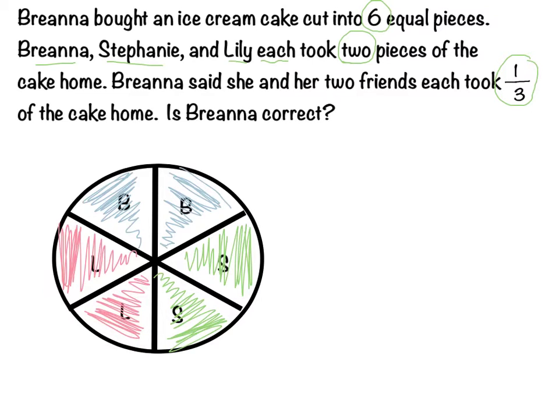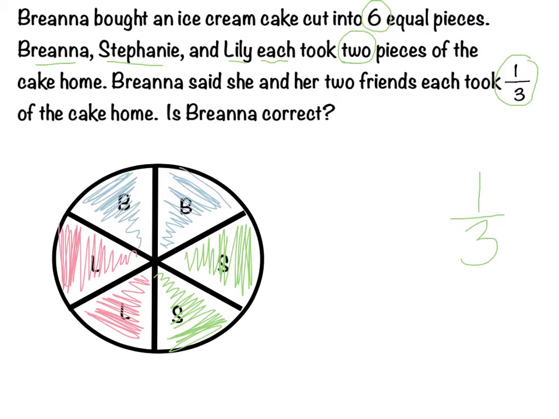And that's representing the 3 girls, 3 parts of the cake for each of the girls. So I have 3 equal parts, and each girl gets 1 portion of those 3 equal parts because Brianna is shaded in 1 color, Stephanie has 1 color, and Lily has 1 color.